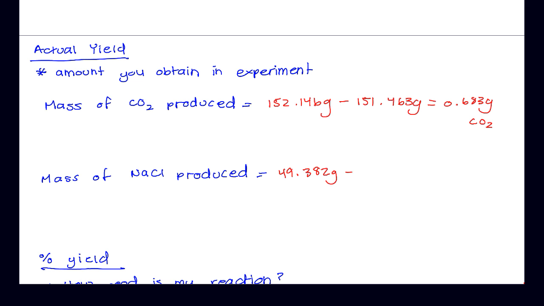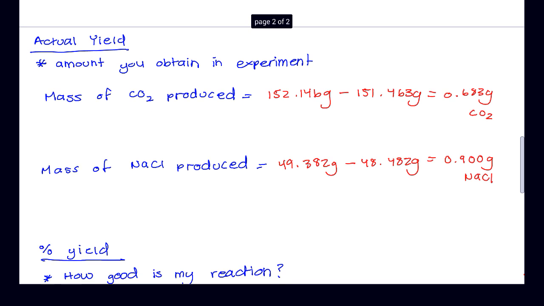And then we want to subtract the mass of just the watch glass alone. So that will be 48.482 grams. So keeping in mind we're doing subtraction, we should have 3 places after the decimal, so the final answer is 0.900 grams of sodium chloride. We have to put the zeros in so that way we have 3 places after the decimal.